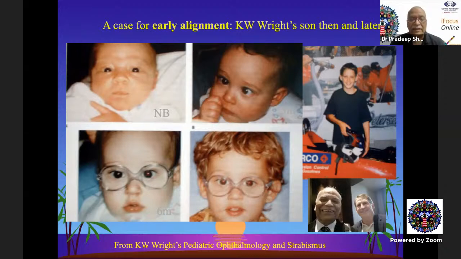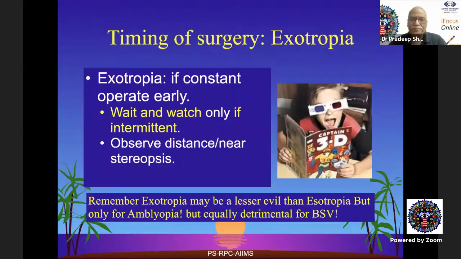So surgery is done at the age of 6 months by his father, Dr. Kenneth Wright, and you see that the eyes are straightened early at 6 months onwards, and he happens to develop normal stereopsis. That is Dr. Kenneth Wright smiling along with me in a selfie.